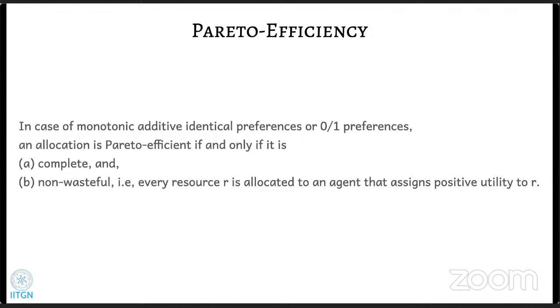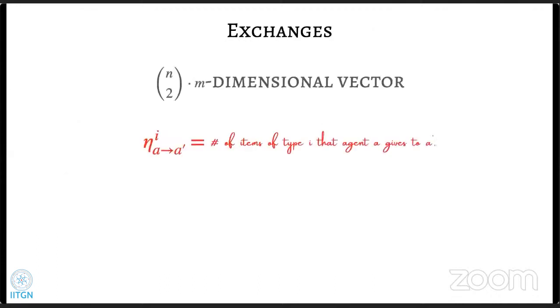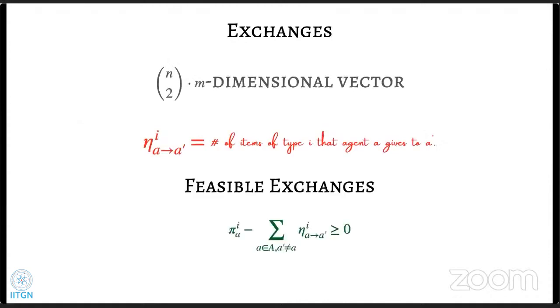So, moving on to the results in the EC19 paper. They define these notions of exchanges. I don't think the notation is particularly important here, but the key thing about capturing Pareto efficiency is that if you have an allocation that gets Pareto dominated by another allocation, then you can find a Pareto dominating allocation somewhere close by.